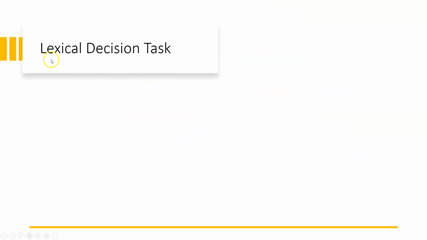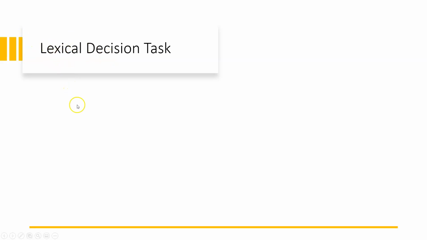One of those is called the lexical decision task. The reason it's called the lexical decision task is because the lexical refers to the lexicon, or a set of words. Decision meaning to decide whether these are words or not.